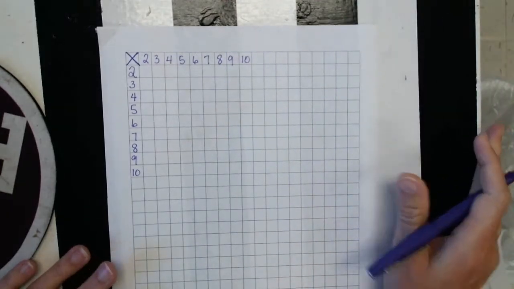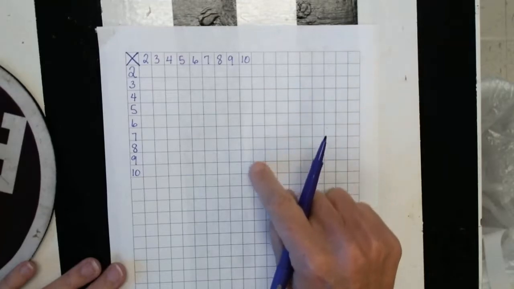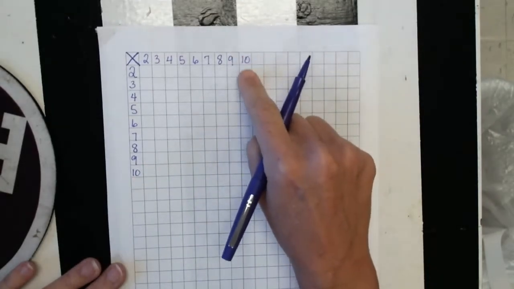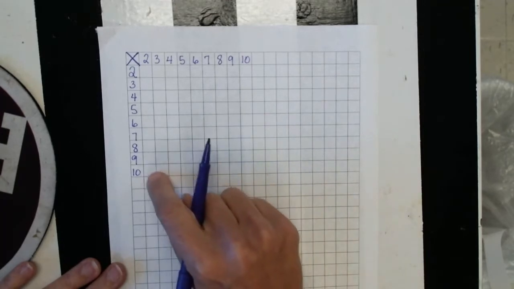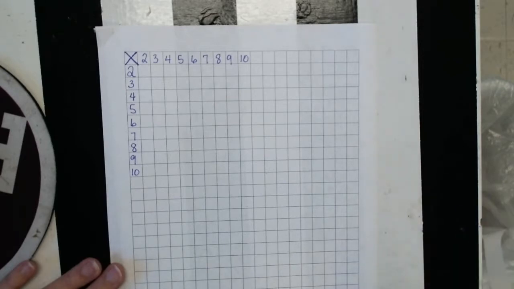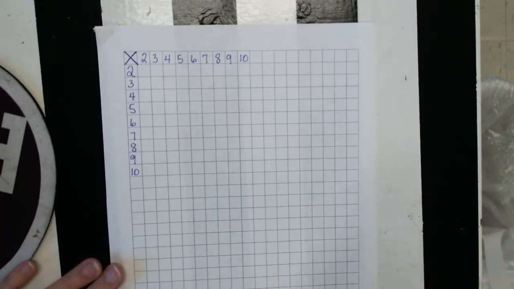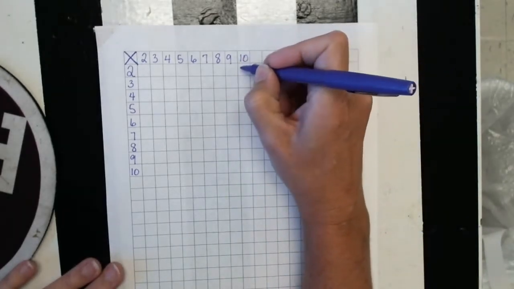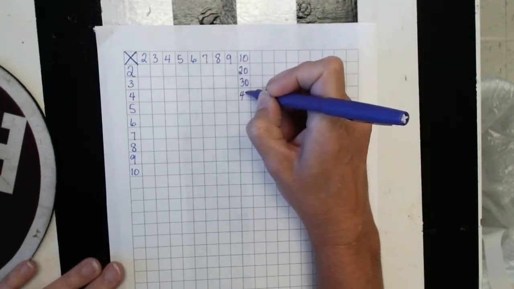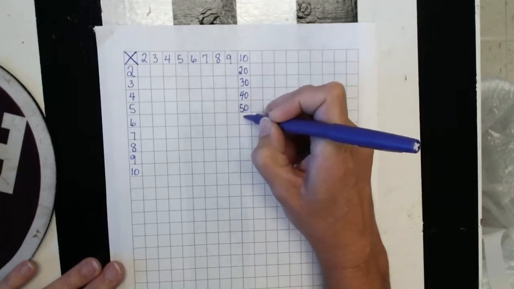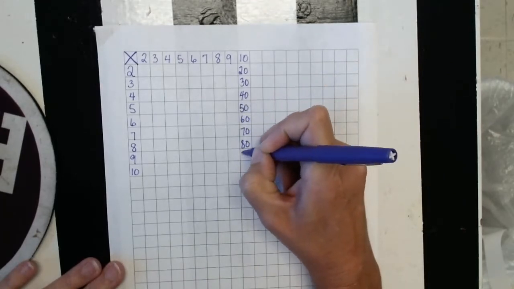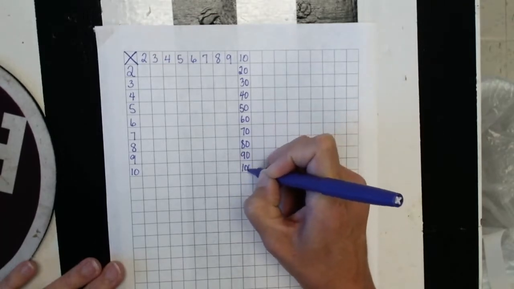Okay. My next step is to make a box in my multiplication chart by filling in my 10 factors, or skip counting by 10. These are the easy ones that we all know. Everybody can count by 10, so we're going to work smarter, not harder, and start with our 10s. We're going to go 10, 20, 30, 40, 50, 60, 70, 80, 90, 100.